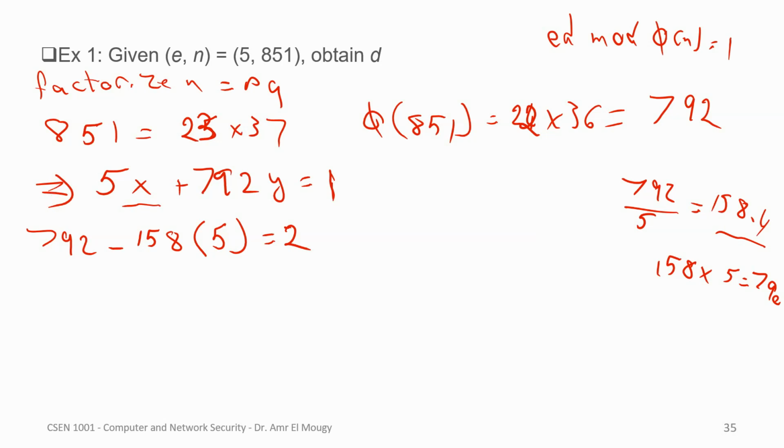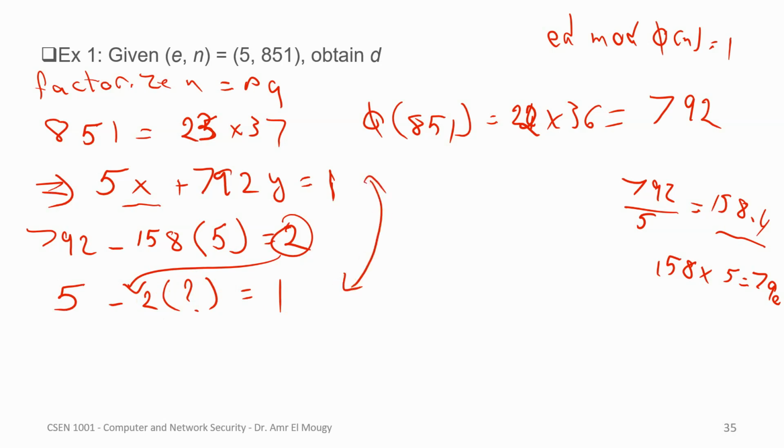Now, you try and rewrite. Ask yourself, 5 minus the result of this subtraction, which is 2, multiplied by what, such that you will get 1? Why are we doing that? So that these two equations now become similar. Obviously, 5 minus 2 multiplied by 2 is equal to 1.